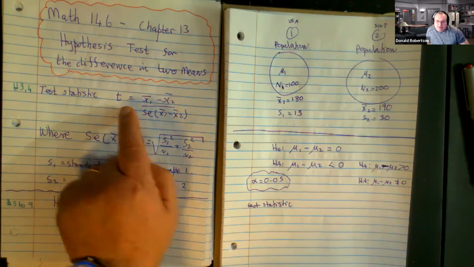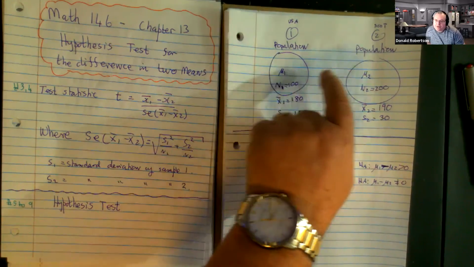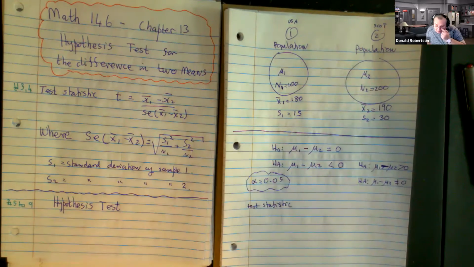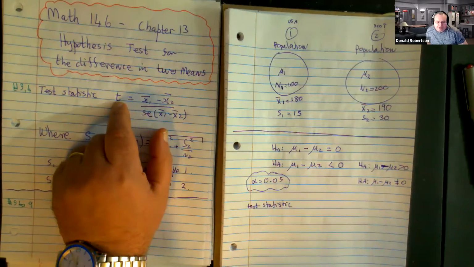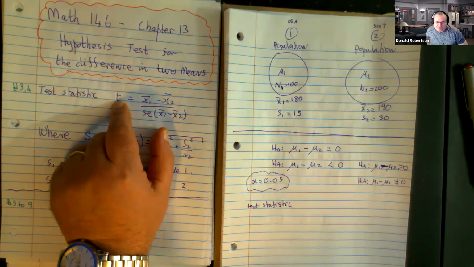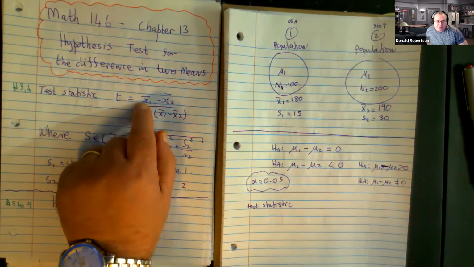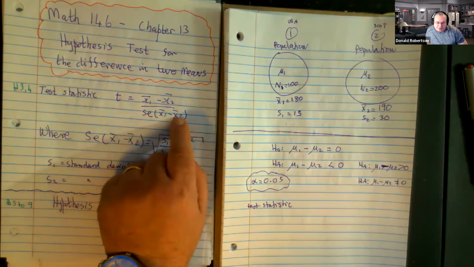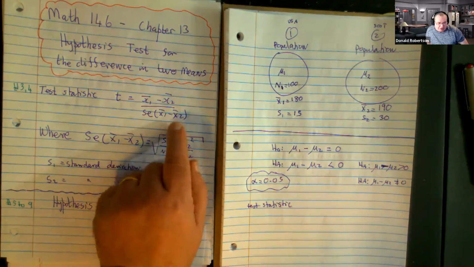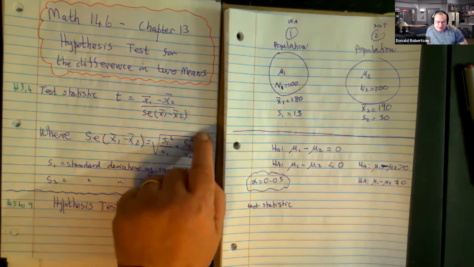And in samples where you're comparing two different populations as we are here, you're really going to be looking at a t-distribution, right? So the test statistic is a t. And it's given us the difference between the two means divided by the standard error of the difference. And the standard error function is this guy.